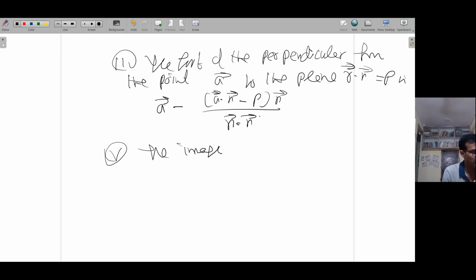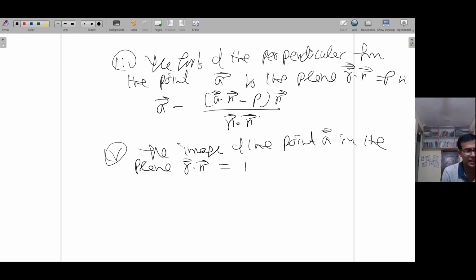The image of the point A vector in the plane R dot n is equal to P is A vector minus 2 (A dot n minus P) n vector by n dot n. Okay.